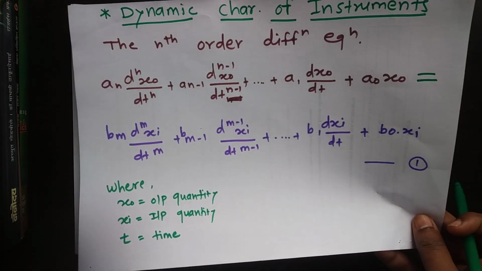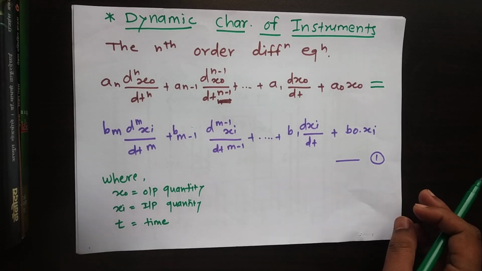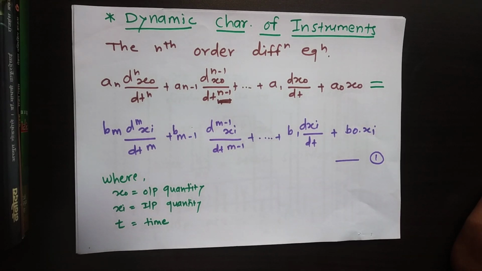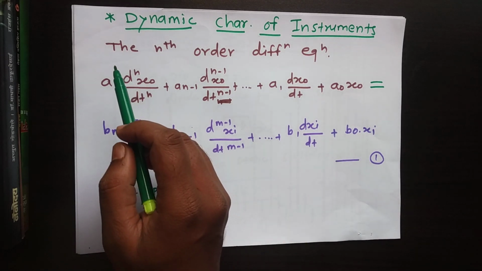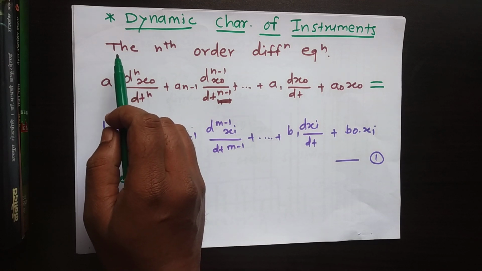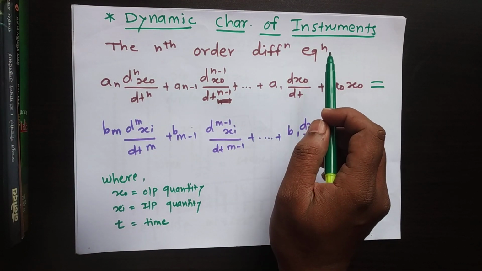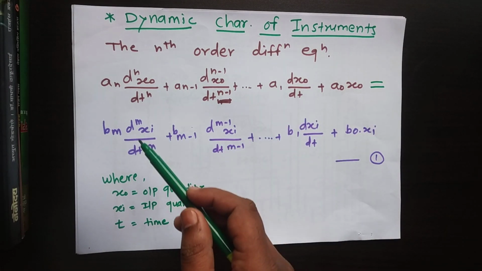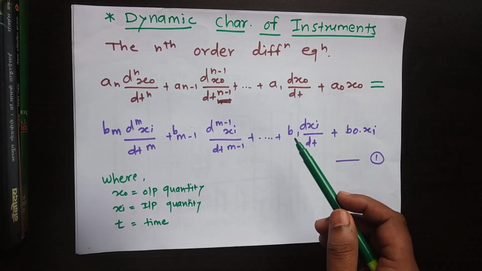Okay, for the sake of clarity, we will again see what we have discussed in the dynamic characteristics of the instrument and for the zeroth order instrument. Initially we have defined one equation, that is the nth order differential equation for any instrument. So you can derive the order of instrument for any order.